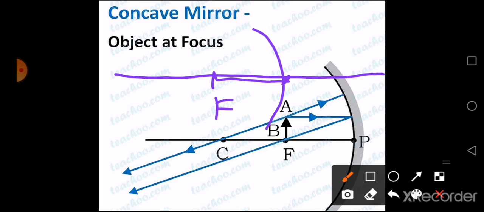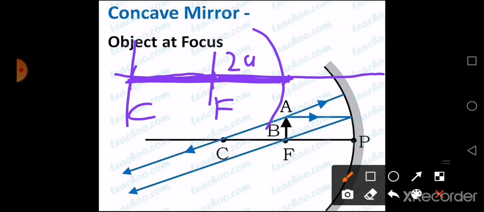From the focus, again mark 2 centimeter and mark your center of curvature, because whatever length you take for focus, double the length will be the center of curvature, isn't it? So whatever distance you calculate till focus, the same distance you take from focus and mark it as center of curvature. Say for example, if this is 2 centimeter, you have to mark this also 2 centimeter.